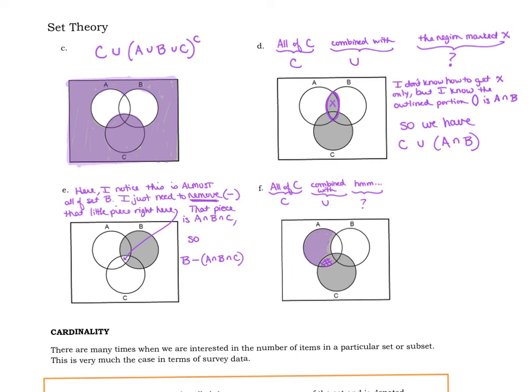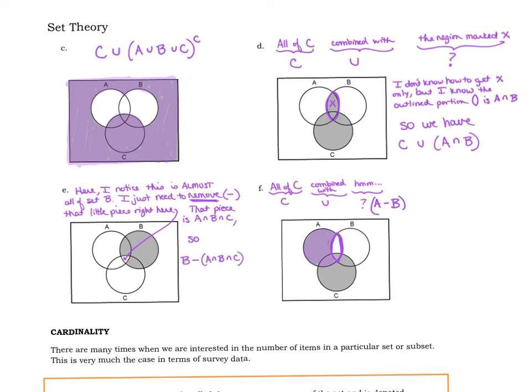That to me is going to be difficult, but I can take out this portion right here. That part right there is A, take away B. So if I want to get to this part, I can fill this in with A, take away B.